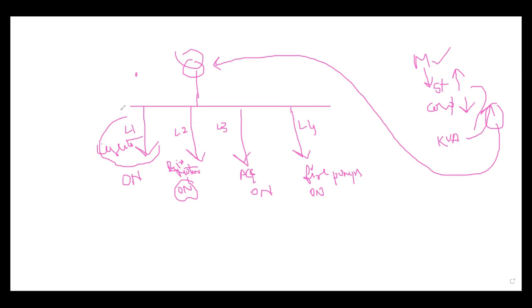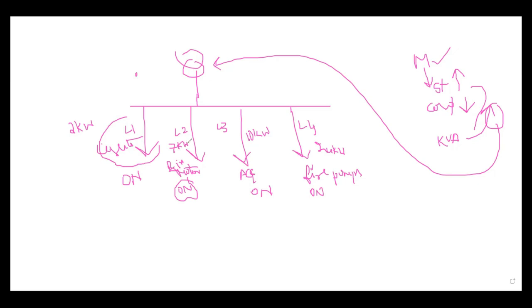In a normal case, the total load of the lights is 2 kilowatt. The ACs, 5 ACs, nearly 10 kilowatt. And the 5 pumps, each of 6 kilowatt, and 4 motors are there, 24 kilowatt. And this is the motor, which is 7 kilowatt.